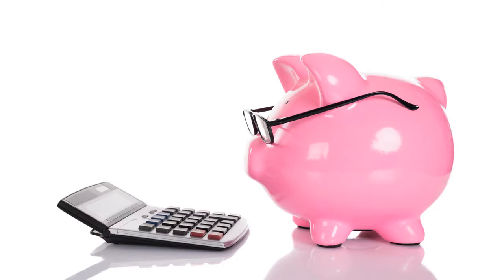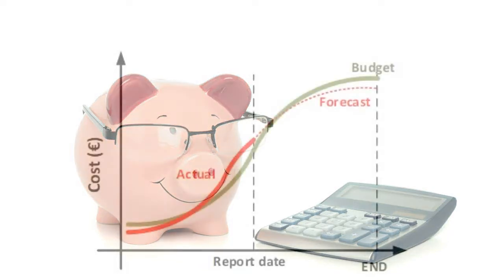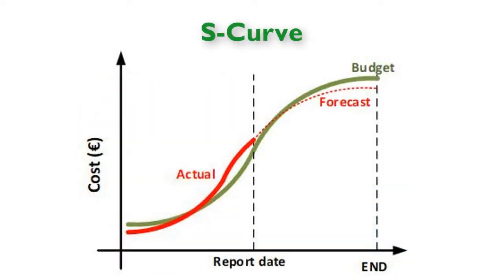This curve originates from the form that presents costs of a typical project. In the beginning, the costs increase slowly, over time when the project costs are the highest, and towards the end, the costs are decreasing. The S-curve presents the predicted use of resources during the project, current use, and forecasted use until the end of the project.